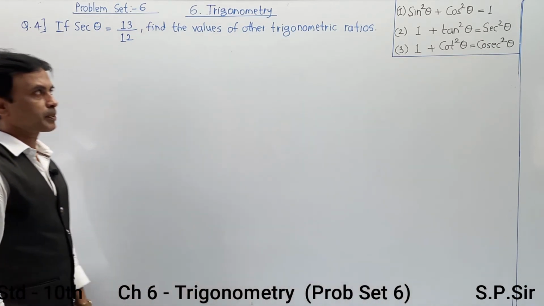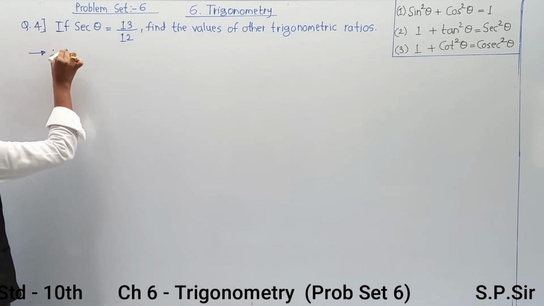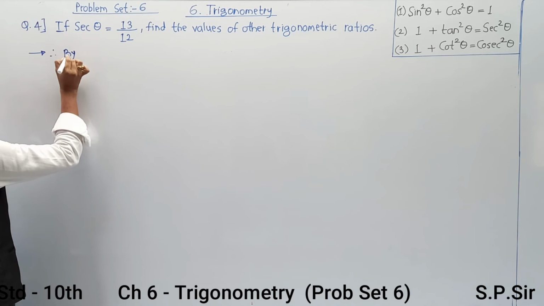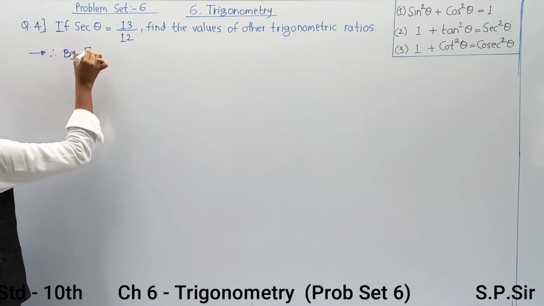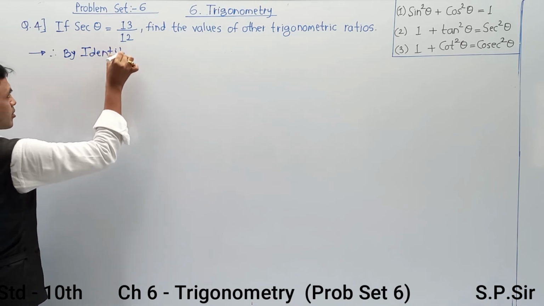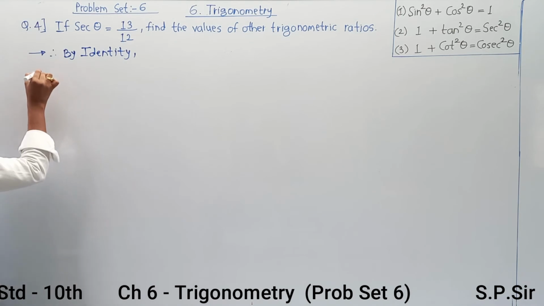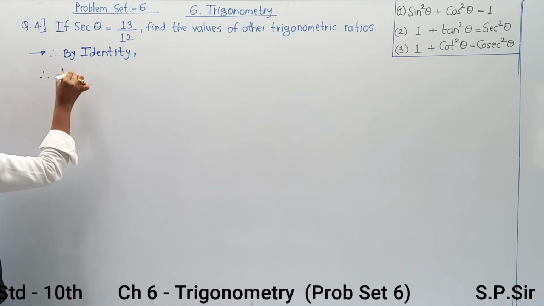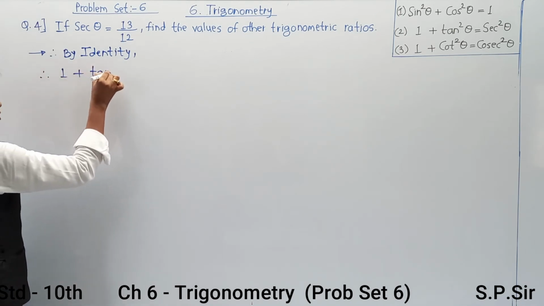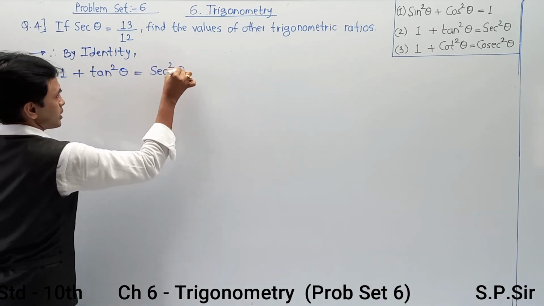Starting from that part, therefore by identities, 1 plus tan square theta is equal to sec square theta.